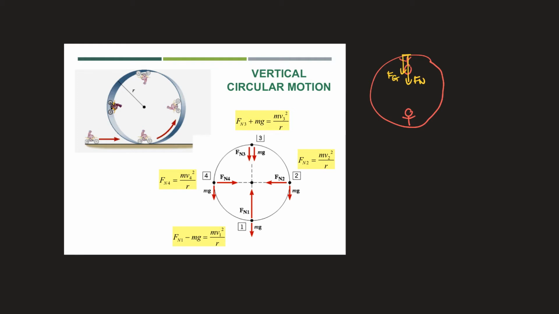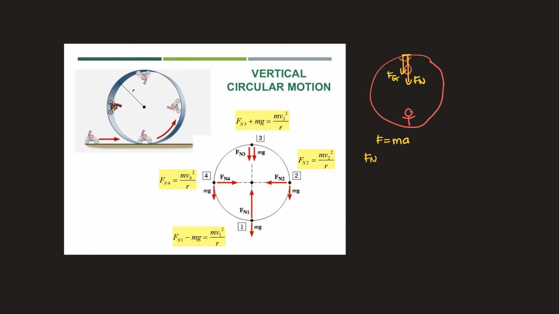Okay, for us to relate with the centripetal force, we use the concept of Newton's second law, which is F equals ma.